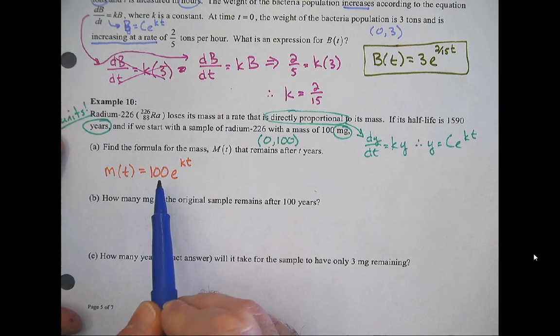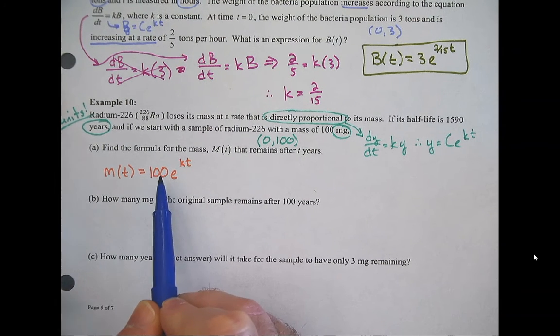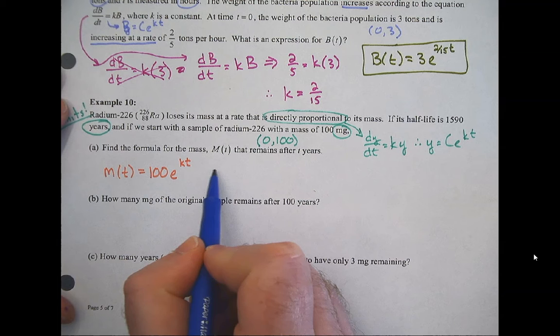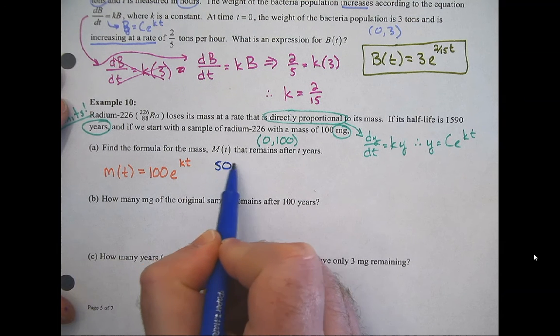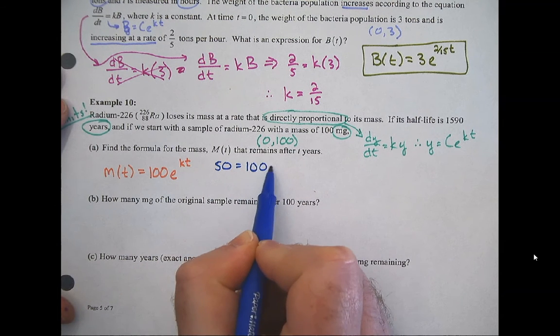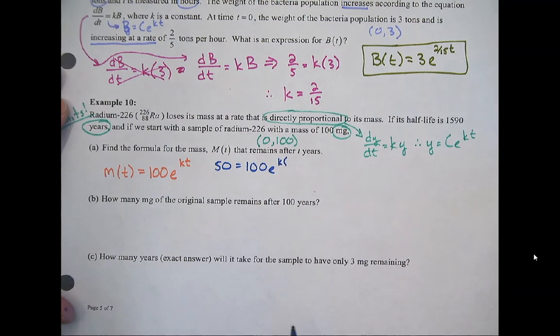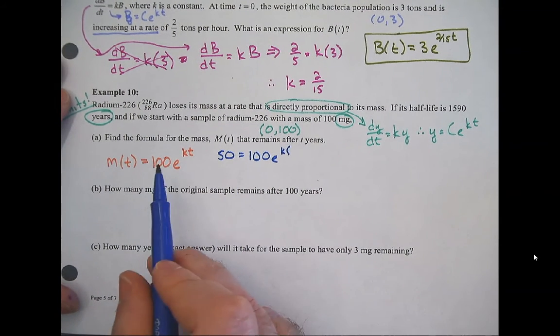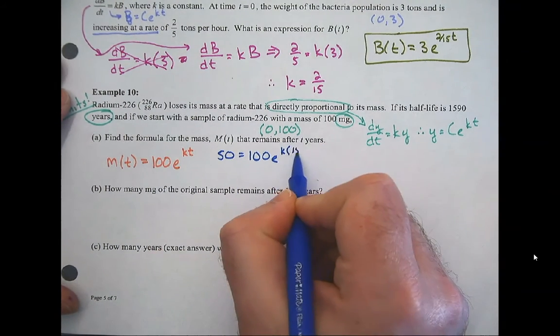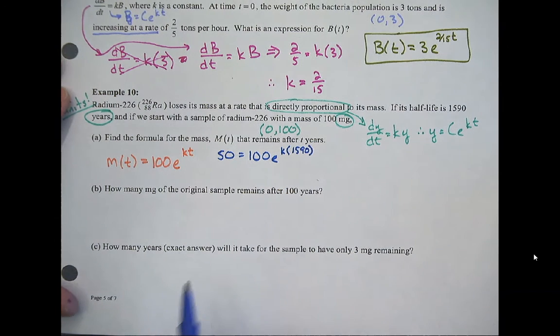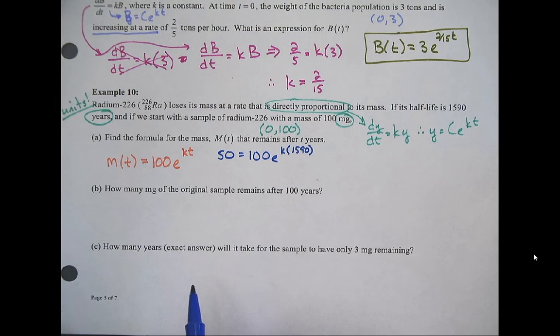So if I have 100 milligrams, after one half-life cycle, I would have how much left over? 50 would equal 100 e to the k. We don't know that, but how many years would it take for me to turn 100 milligrams into 50 milligrams? It'd take 1,590 years. So this is something that we can start to solve.